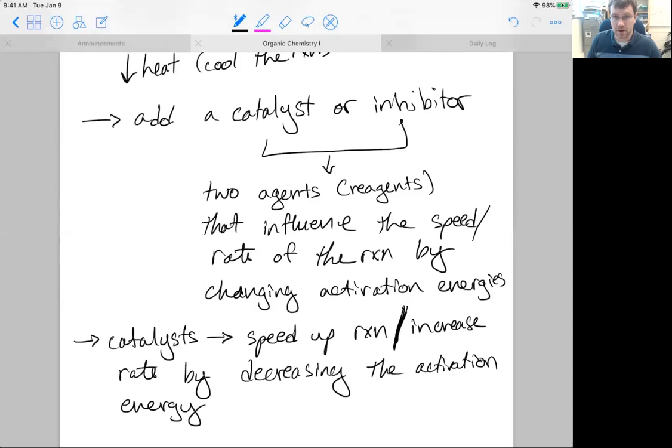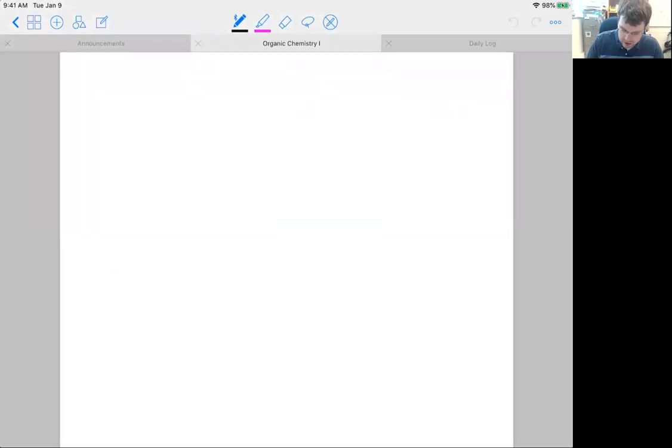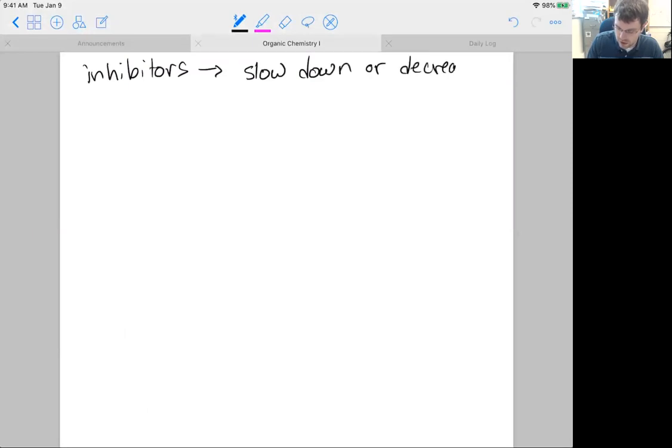Speed up the reaction or increase the rate by decreasing the activation energy. Now, conversely, inhibitors do the exact opposite. Inhibitors slow down or decrease the rate of a reaction by increasing the activation energy.